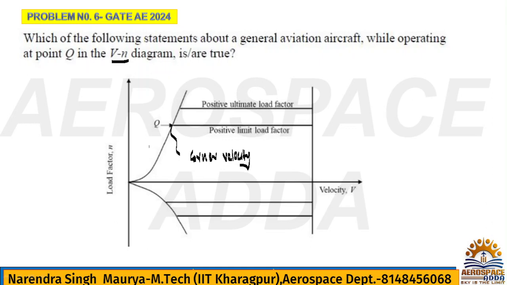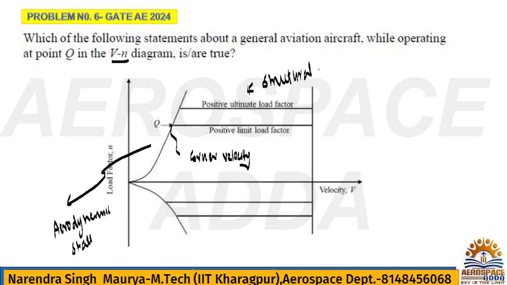This side it is the aerodynamic failure, stall means aerodynamic failure. This side it is structural failure. If you go beyond this, structural failure will come.